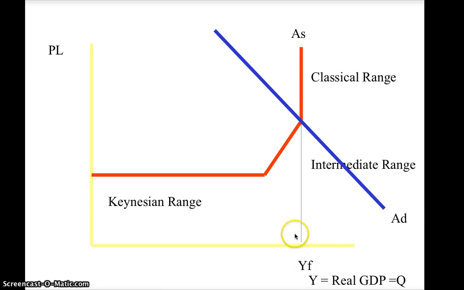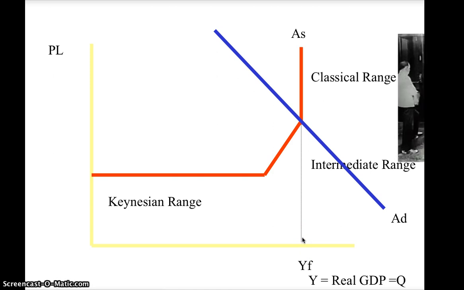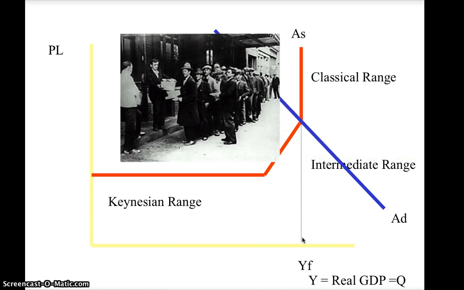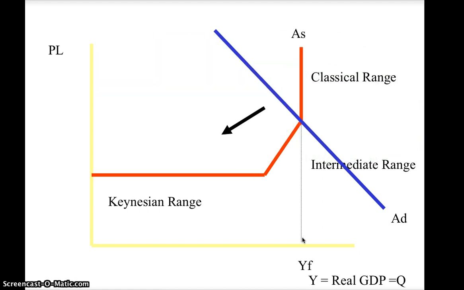Very similar to what we would have seen not only in the 1920s, but in our current time in 2017, 2018. And then the Great Depression hits. And aggregate demand falls to there. 28% unemployment, a heavy decrease in real GDP.